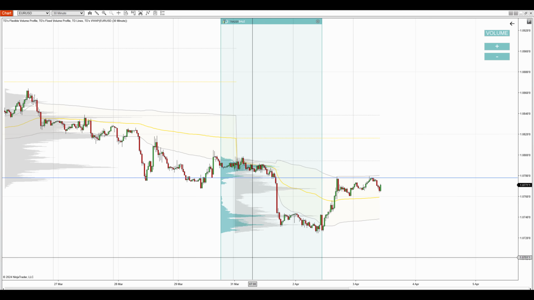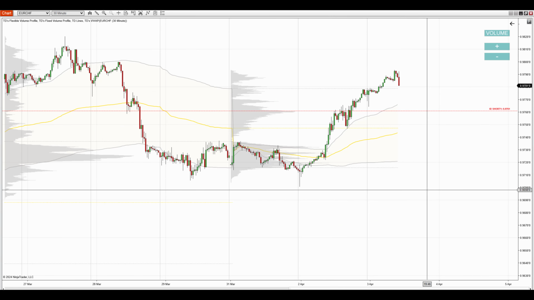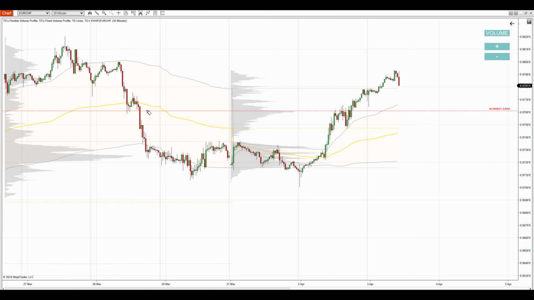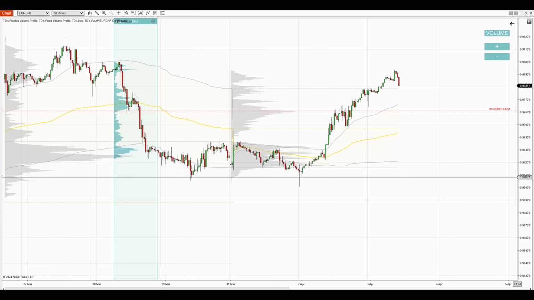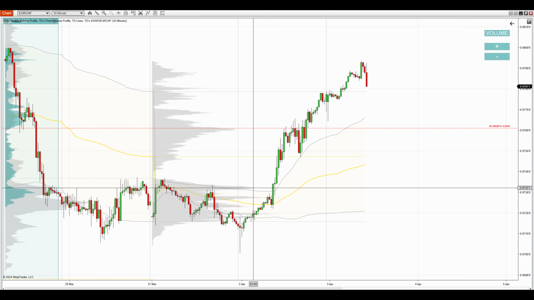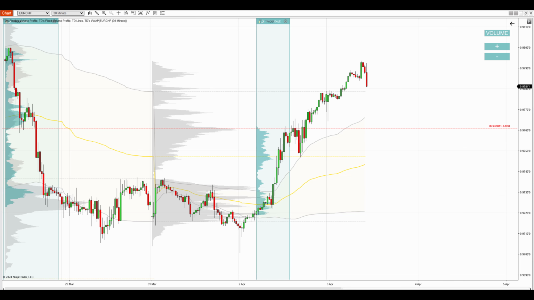The other one was on the euro Swiss franc, and in this case we had a short level here. It was based on the trend setup, the same setup I just showed you on the ES right here, based on this heavy volume zone. This was the reaction. An ideal take profit here was a combo of two things.